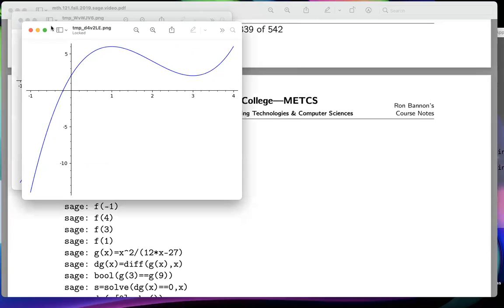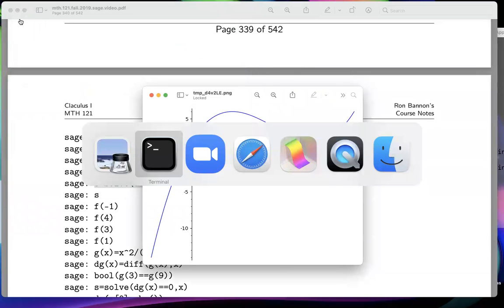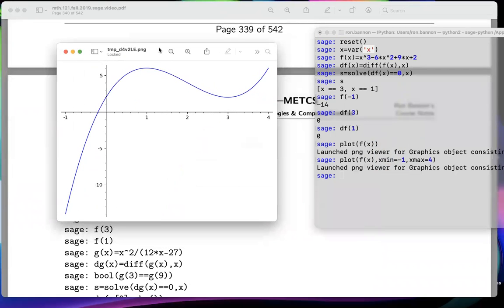I want to discuss the picture with you with respect to the Sage code. And we're learning. That's why we're doing this. At least I hope you're learning. If you're looking at this and saying, I have no idea what I'm looking at, you're probably not putting enough time into this. What am I saying? At x equals 1, something occurred. That's where the derivative is equal to 0, and we're getting a relative maximum there.